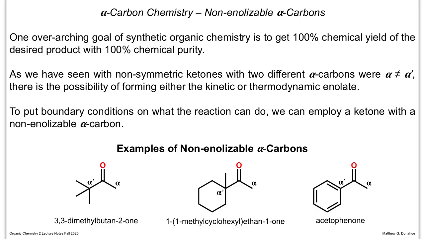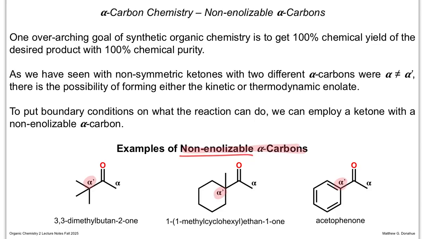Another way that we can control these reactions is by limiting the hydrogens on one of the alpha carbons. So the examples that you see here, the alpha prime carbons have no hydrogens. These are called non-enolizable carbons. So I'm going to highlight those in red here.